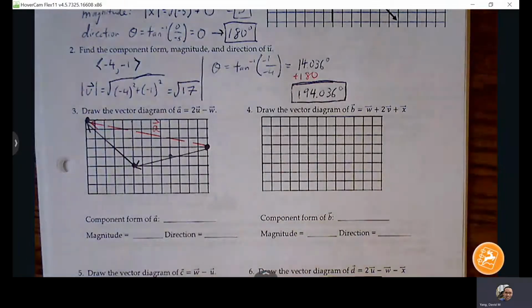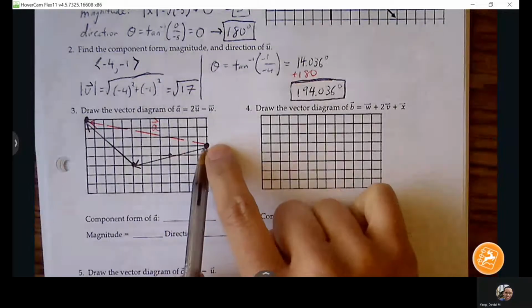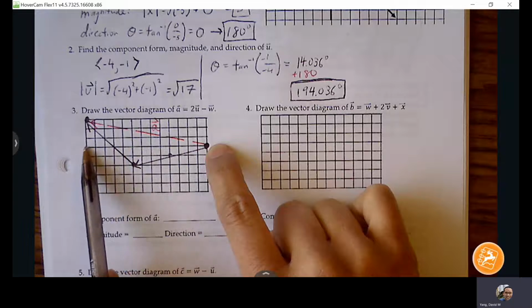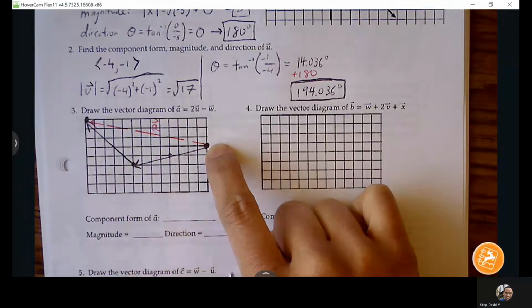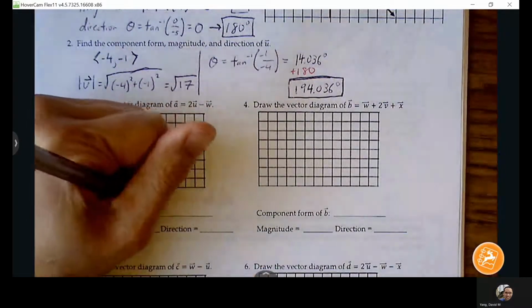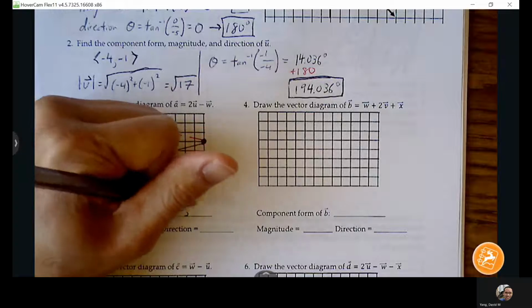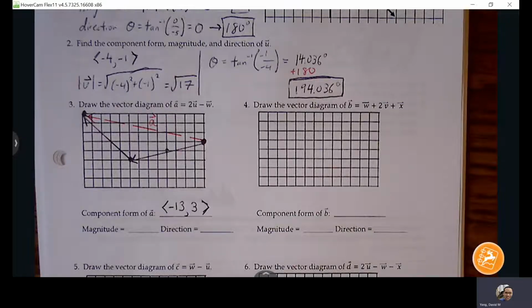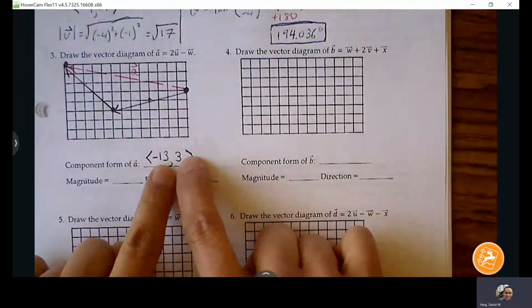Okay, component form. Count how many units to the left, and then count how many units vertically up. Okay, left 13 units, up 3, right? Okay, magnitude. These are the only numbers you need to look at for magnitude.